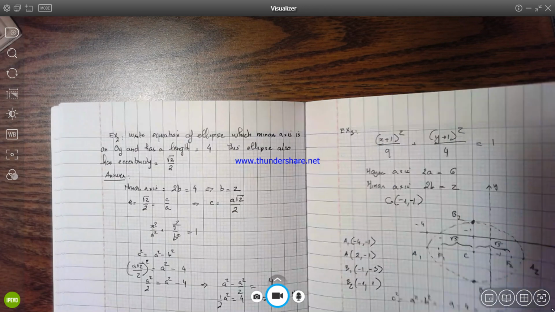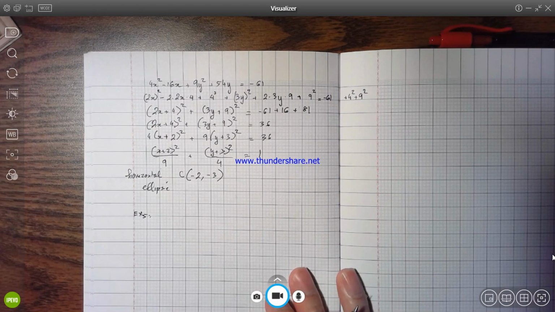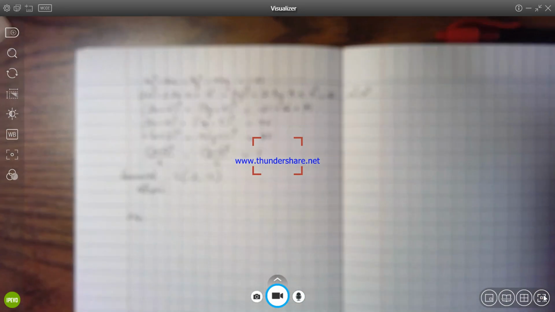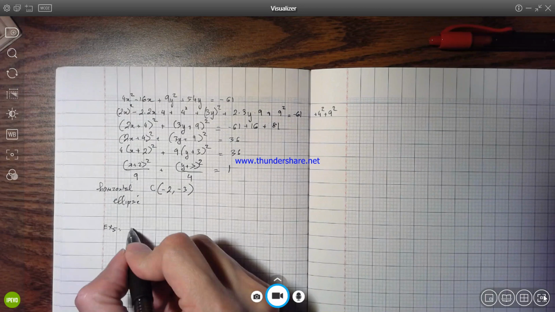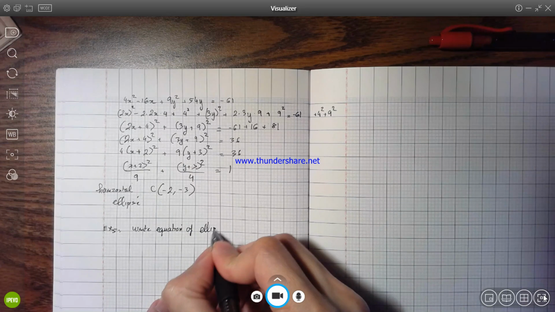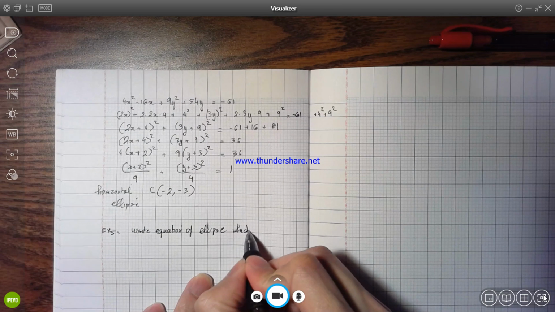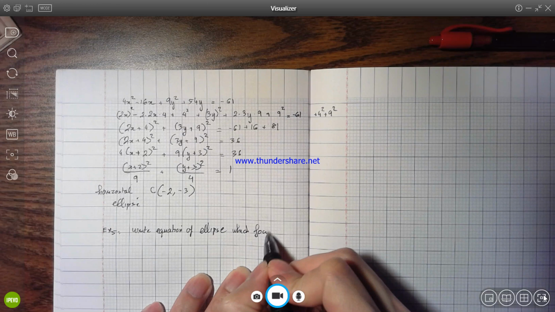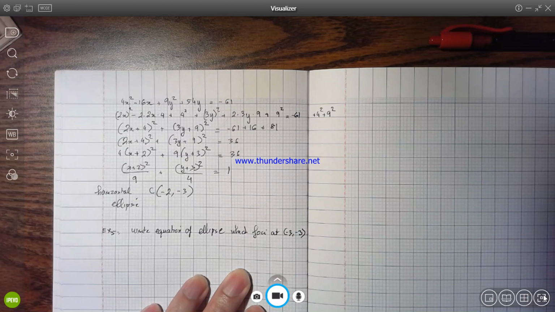Now, example number 5. Write the equation of an ellipse which has foci at -3, -3, and 7, -3.